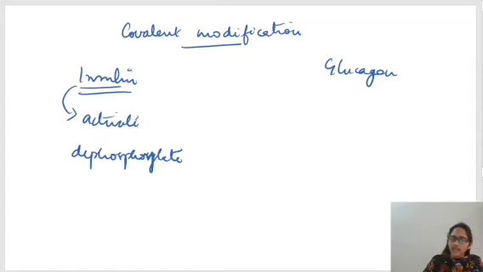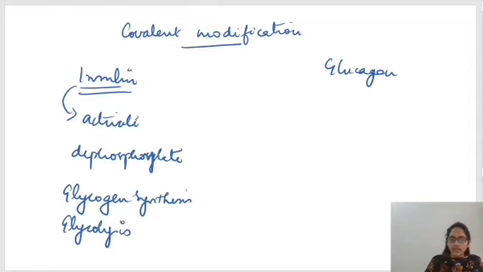What are the pathways stimulated by insulin? In carbohydrate metabolism, taking it alone as an example, glycogen synthesis and glycolysis are both stimulated by insulin. The enzymes involved in these pathways are active in the dephosphorylated state because insulin dephosphorylates and activates them.